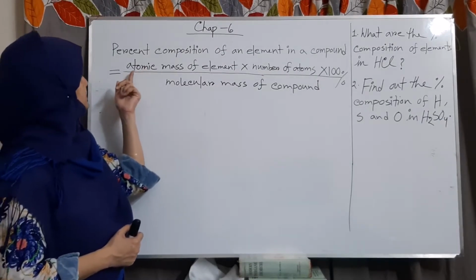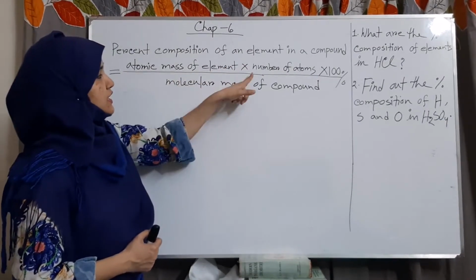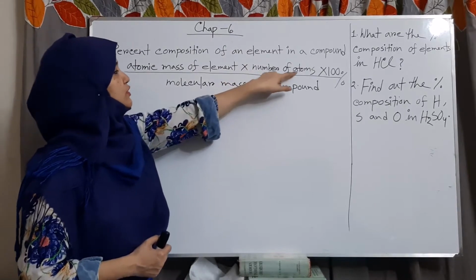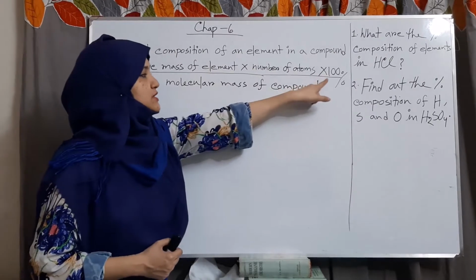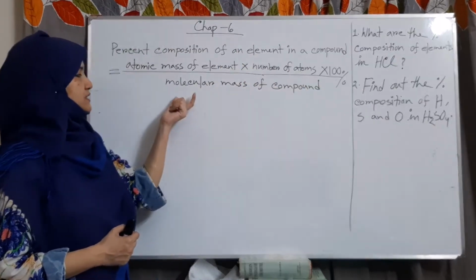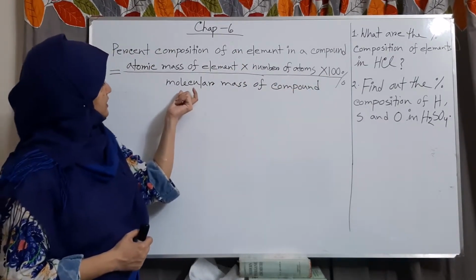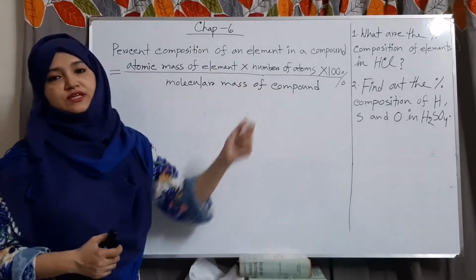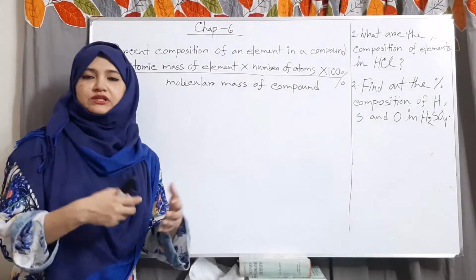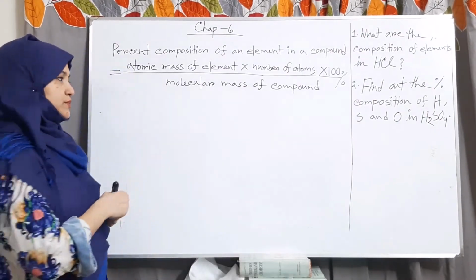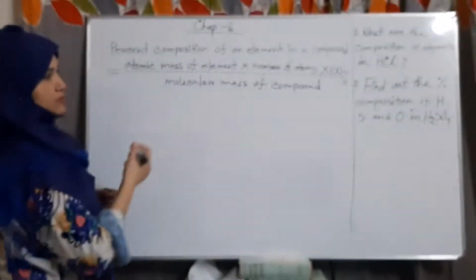At first you have to take the atomic mass of the element and then multiply by the number of atoms of that element, multiply by 100 and then divide by the molecular mass of that compound. And it will be more clear to you if we practice by solving some problems.